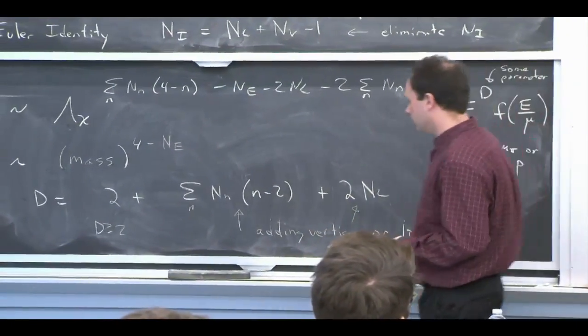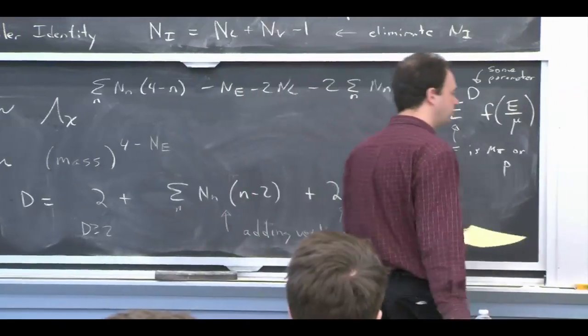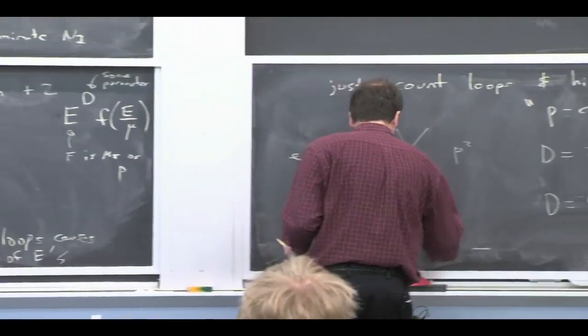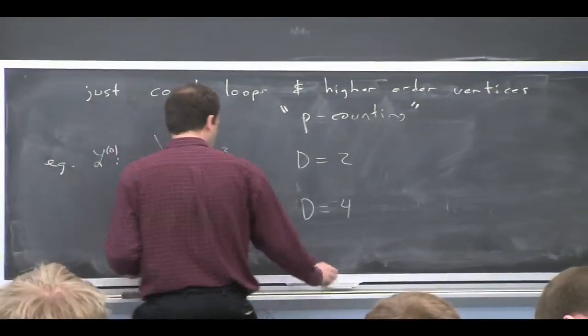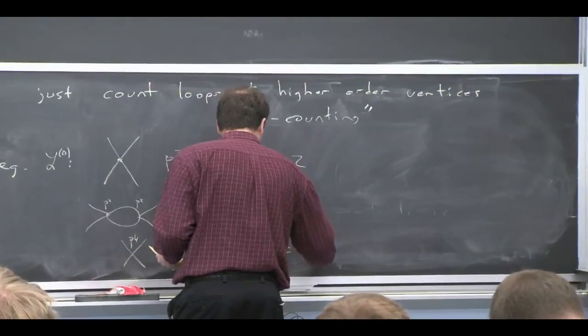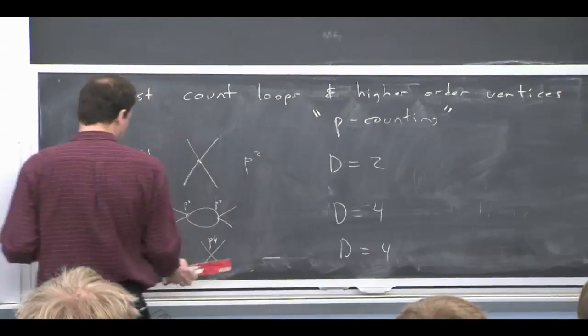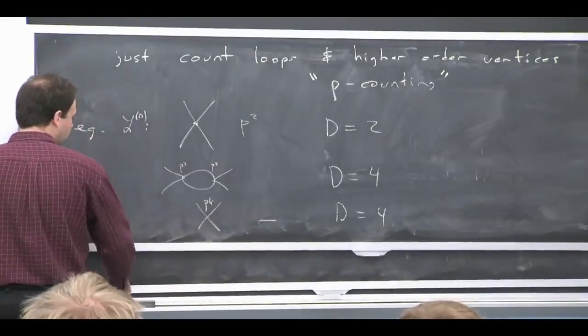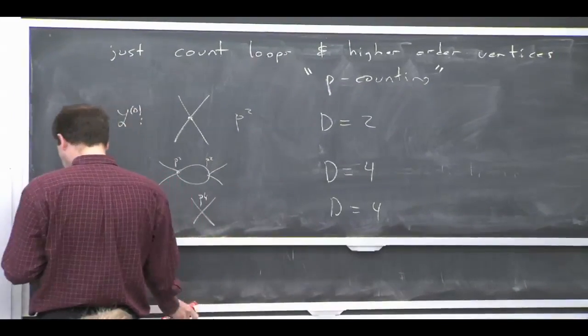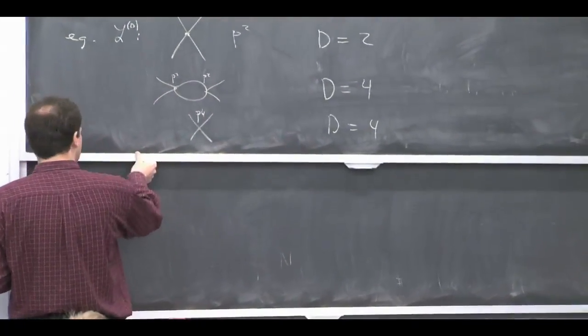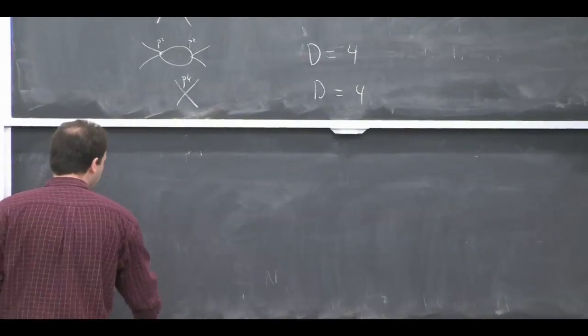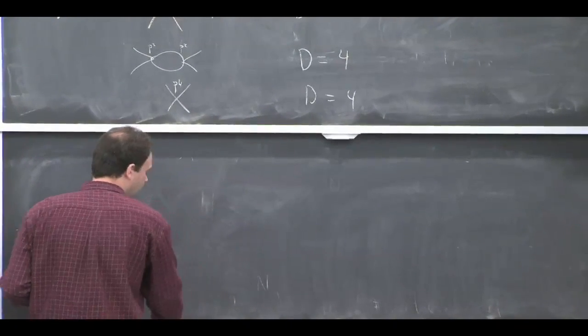And then there's 2 plus 2 is 4. And this guy is 4 because of the explicit suppression. Okay, so the theory is organized as an expansion in this p.